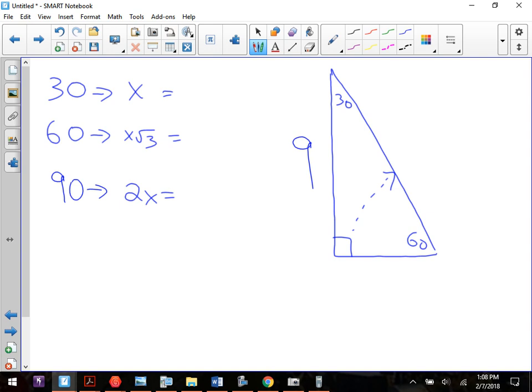Try again, third time's a charm. 60, very good. I have to throw it across from the 60 because where is the 9 located? Across from the 60. That's what we're doing here. It's a visual. You draw it and see where it's looking at. The 60 is looking at a value of 9. Which means, according to the algebra jig, I set x times the square root of 3 equal to 9. And it gives me a one-step equation.